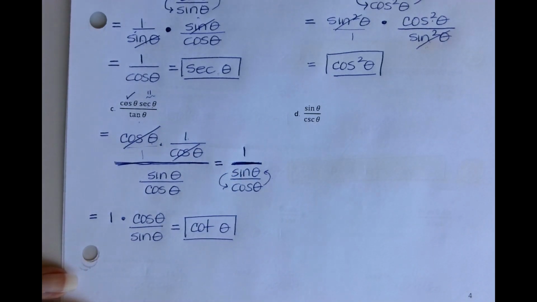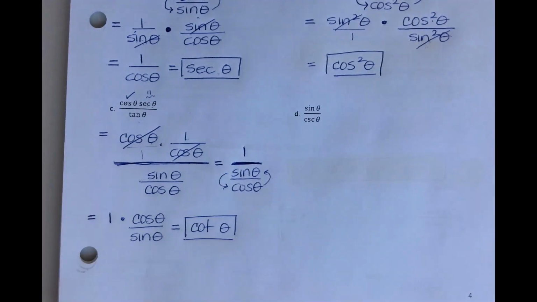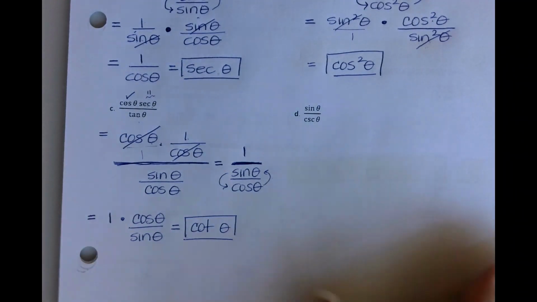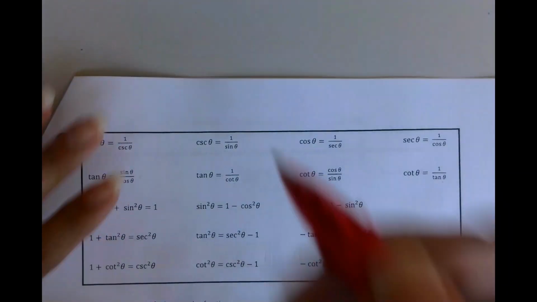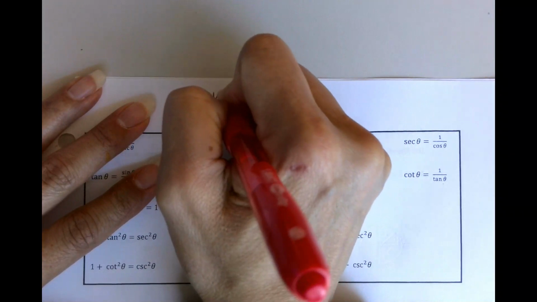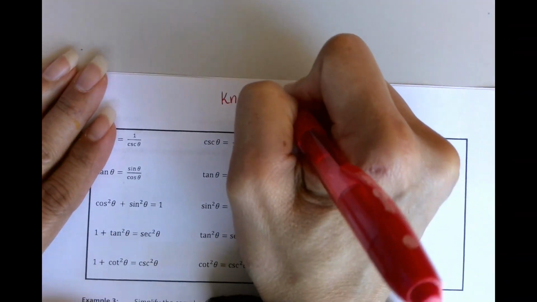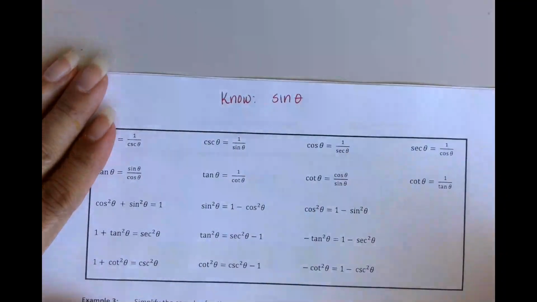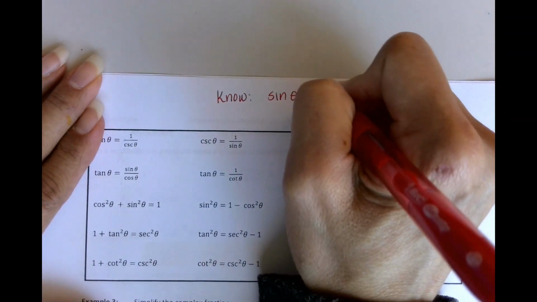But here's what I wanted to bring your attention to, that there are different approaches. So let's put it here at the top. Something I want you guys to know. If you have sine and you multiply it by its reciprocal, okay, which is cosecant.